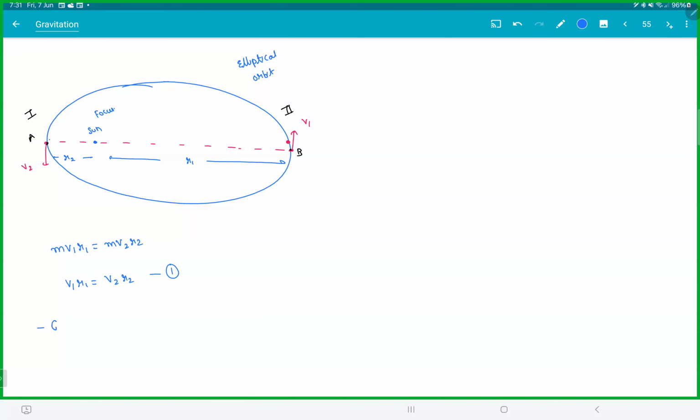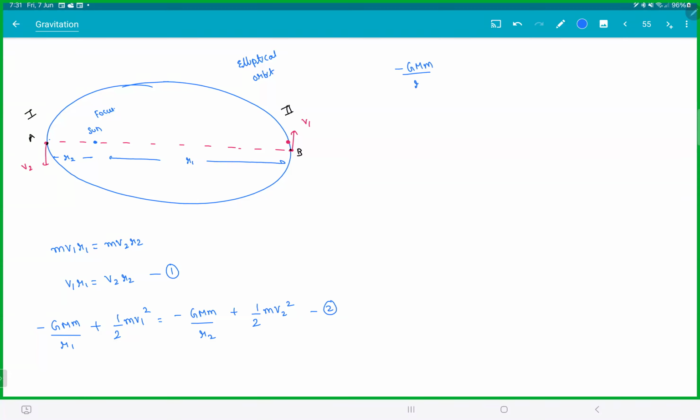Second, energy conservation: minus GMm by r1 plus half m v1 square is equal to minus GMm by r2 plus half m v2 square. Take v2 from there and substitute here.